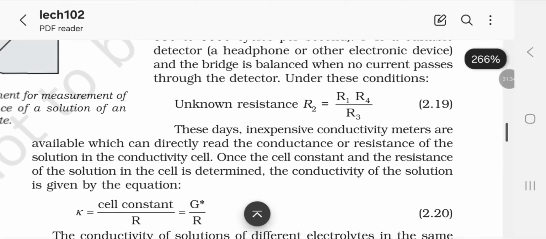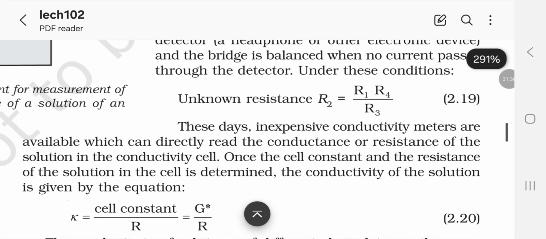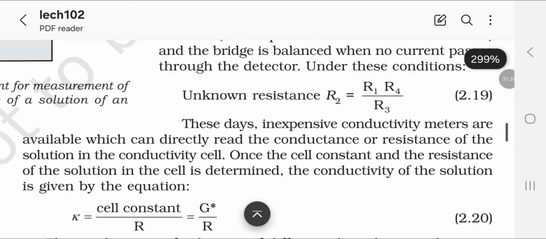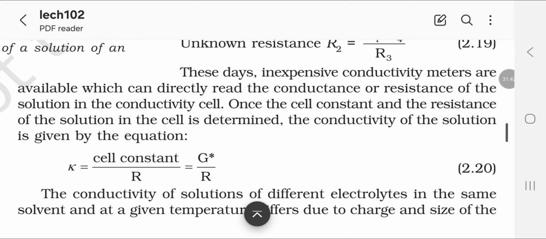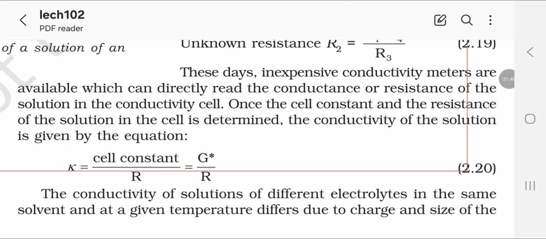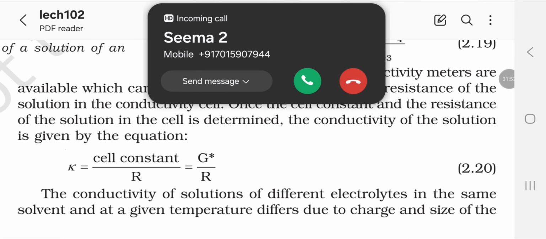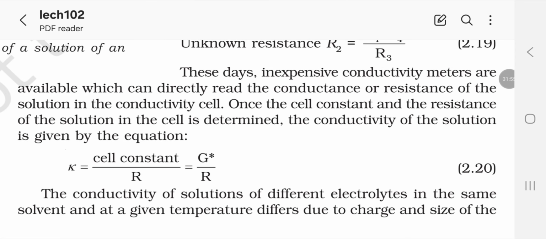These days, inexpensive conductivity meters are available which can directly read the conductance or resistance of the solution in the conductivity cell. Once the cell constant and the resistance of the solution in the cell are determined, the conductivity of the solution is given by the equation κ = cell constant/R = G*/R.